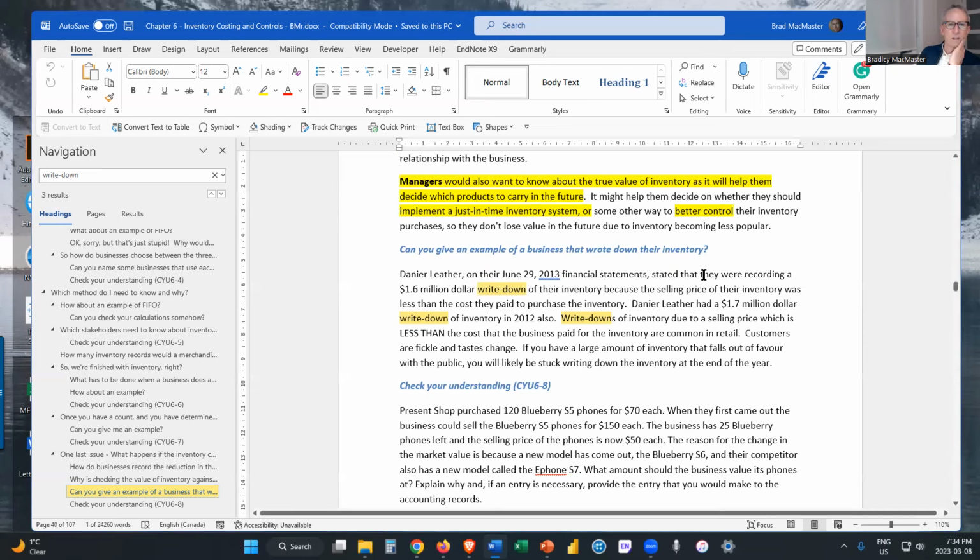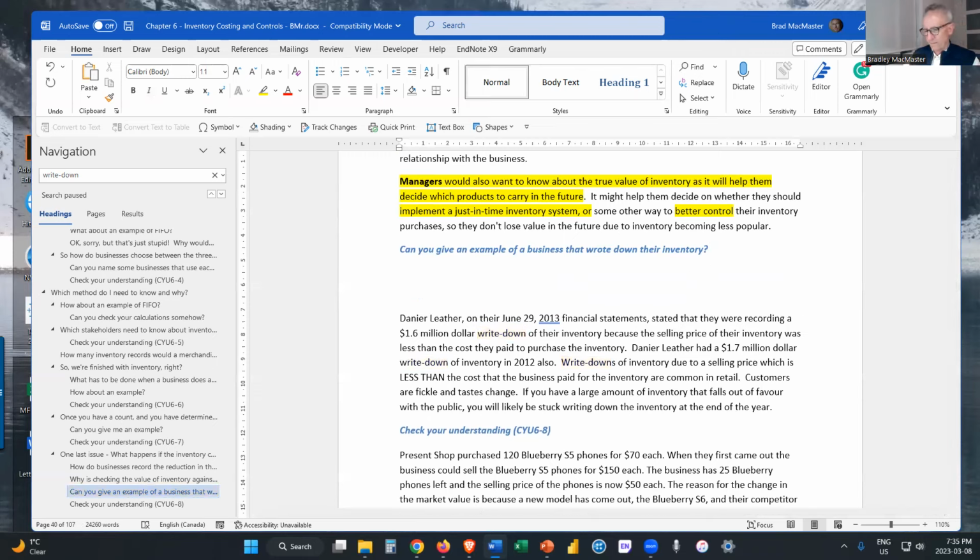Now, let's, for argument's sake, say, and I don't think I can go so far back to 2013 on yahoofinance.com to find this data, but let's say that Danier had a carrying value in inventory on their balance sheet.